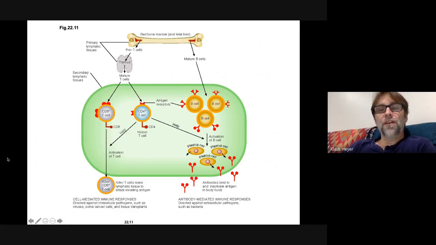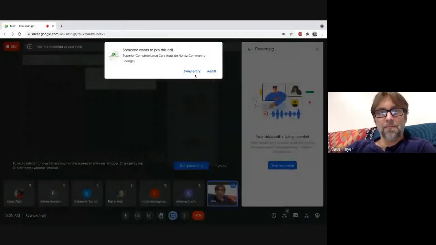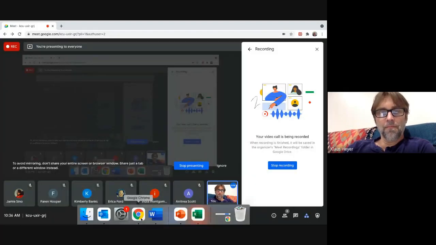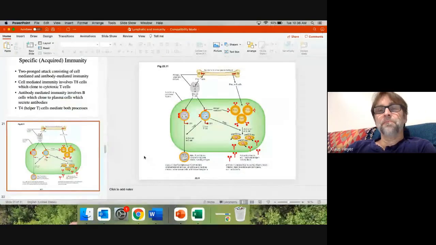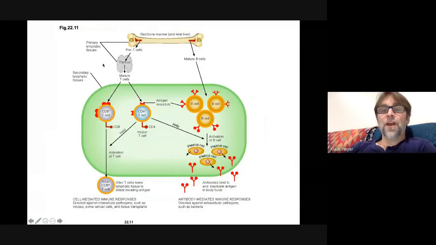And then you've got these T4 cells, which here they're calling CD4 cells or helper T cells. You can think of them as T4 cells or helper T cells. They're helping. Nothing's really going to happen without them.